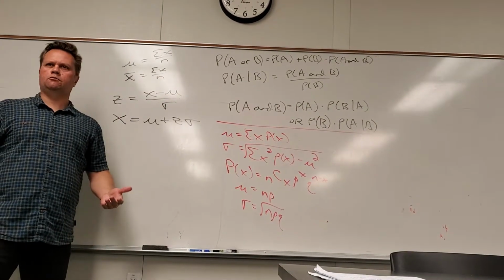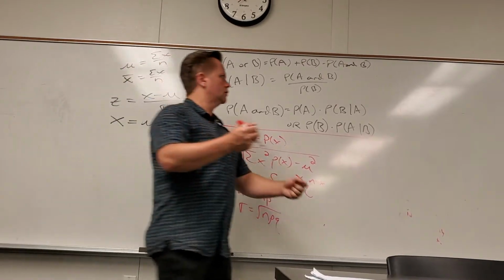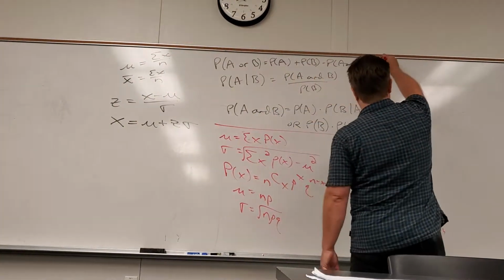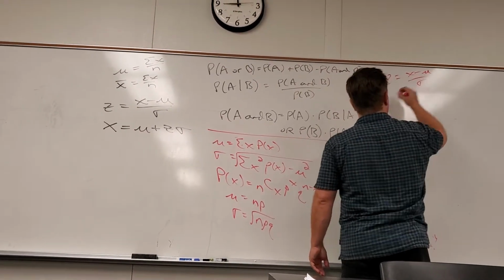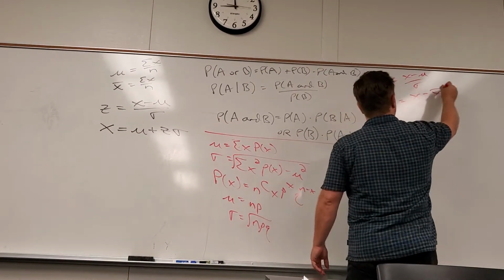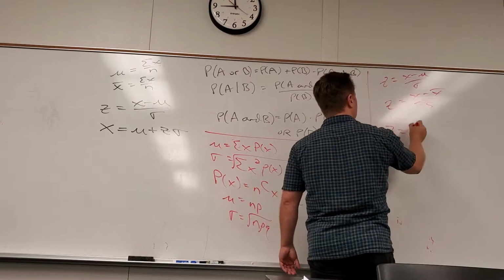Chapter 6 was where we did true z-score problems, normal distributions. So we've already got the z-score formula up there, but I mean, if you want to, you can put it again. You can even put it in terms of sample stuff. Then you can do this one.